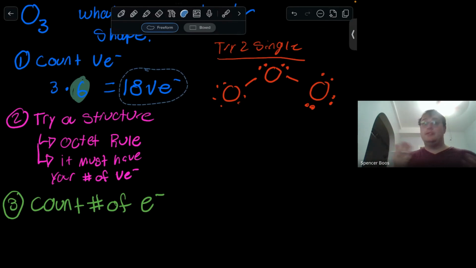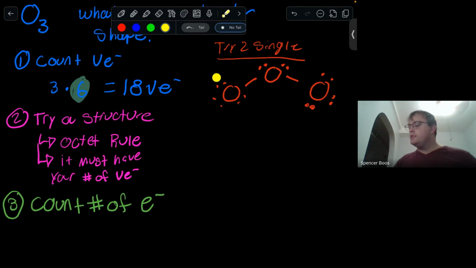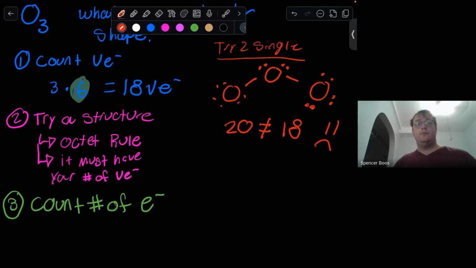If you don't, doesn't work. Observe. Let's count this together. I've got 2, 4, 6, 8, 10, 12, 14, 16, 18, 20. Here, 20 does not equal 18, meaning that this structure would not work.